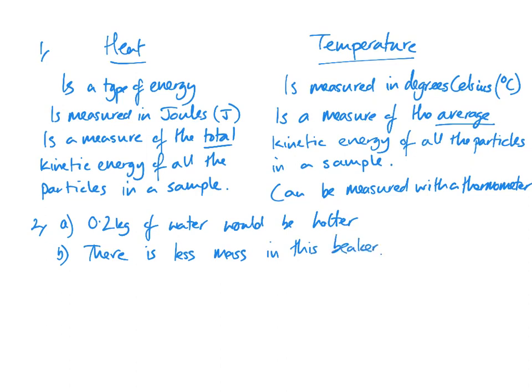And then you could go on a wee bit and just think about that idea. What that means then is that heat energy, it's the same total heat energy that was supplied to both beakers, but it gets spread across less atoms, less particles in the 0.2. So on average, each of them will get more of that. Okay? It's like the same size cake. In one case it's getting split between 2 people, and in another case it's getting split between 8 people. The 2 will get a bigger share, bigger slices of the cake.